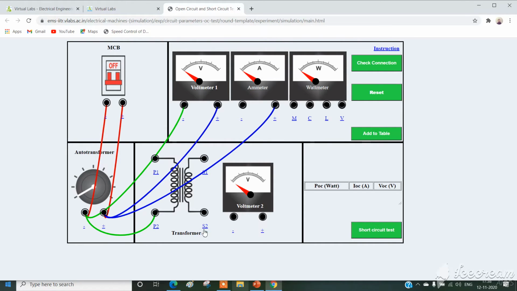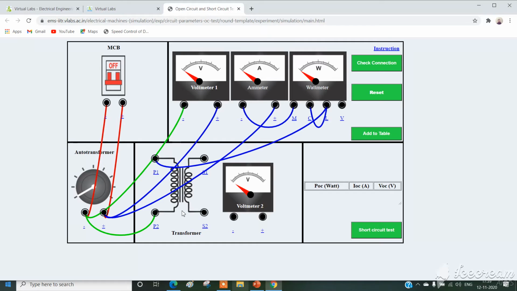Now move on to P1. Transformer primary P1 is directly connected to L, the wattmeter L, and L and C are connected together. L and C are short circuited, and M and voltmeter negative are short circuited.